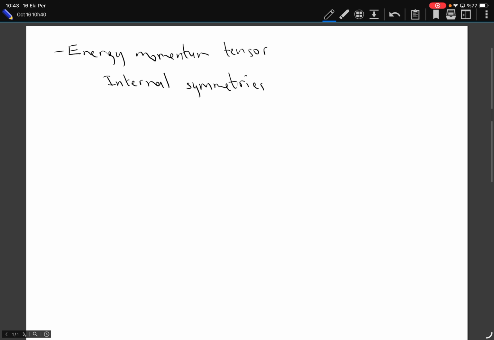Now, we had also talked about the Lorentz symmetry, the Poincare symmetry. For example, the Poincare symmetry contains translations. And the Lorentz symmetry, and both of them, in fact, contain rotations and boosts.